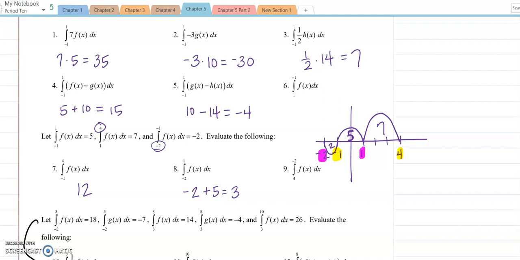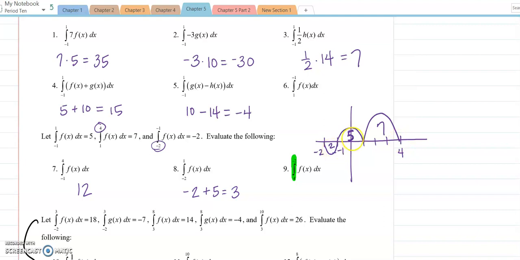Number 9, what's interesting about this one is that your bounds go from 4 to -2, and we're used to seeing the lower number down here and go to the higher number. So there's two things that are happening. First, I want to consider the area from -2 all the way to 4.